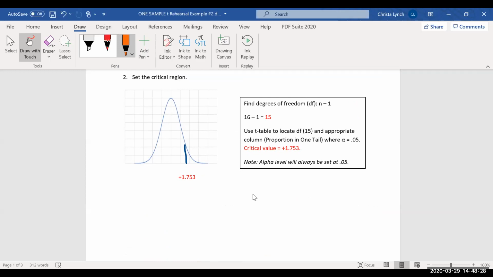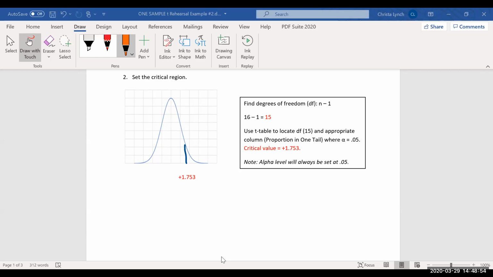We're going to go over to our table, and we're going to locate the degrees of freedom of 15, and then look in the appropriate column, again, where alpha is 0.05. Okay, so if we look in that column again, we're going to find that the critical value is 1.753.